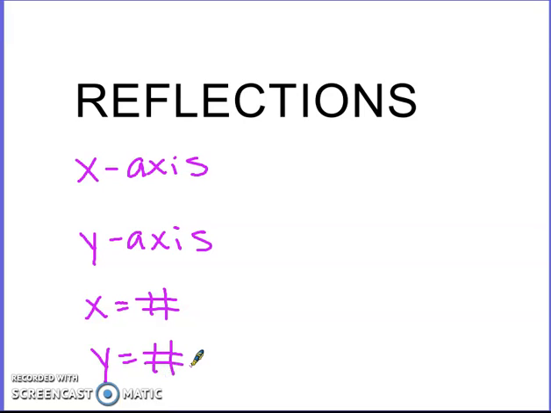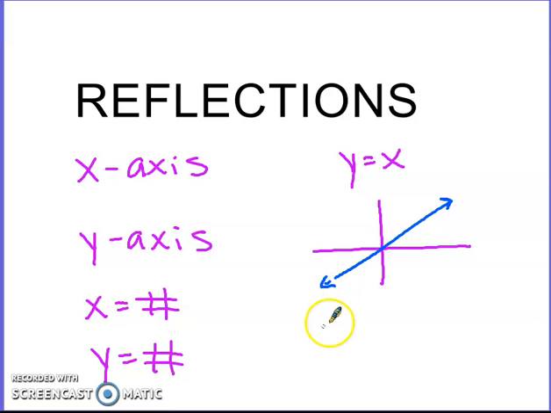You may also see something that reflects over the line y equals x, which, if I'm looking at a coordinate plane, that line would be what my blue is. We can also reflect over a line y equals negative x. In this case, I'll draw it in a different color. That would be my brown. So we have 6 different options on how we can reflect. The nice thing is they all follow the same steps. You just have to make sure you know which line you are reflecting over.